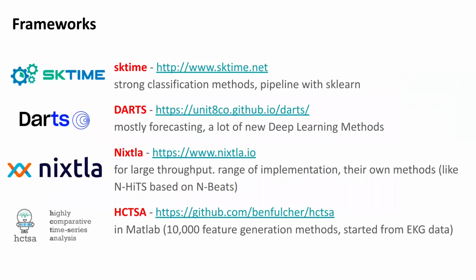Darts framework is very strong for forecasting. It also has an interface very similar to sklearn, with fit and predict, with a little bit more variations. They've been implementing every deep learning method that's been published in the last 2 years, so it has very good predictive methods.